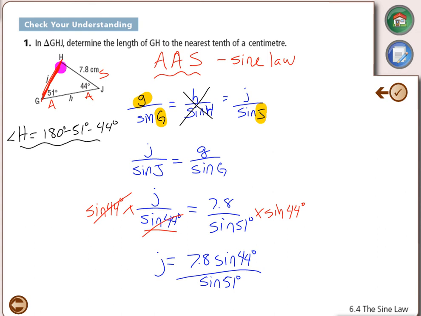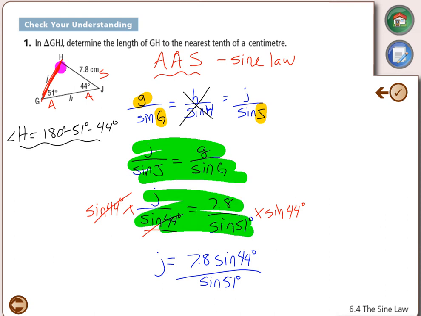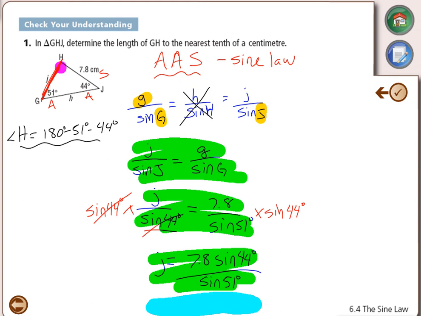Make sure that along your algebra, I am going to need to see your formula, your substitution in your formula, your rearranged formula, and finally, your answer. That's going to be j equals approximately 6.9720... So we'll say j equals, they said, to the nearest tenth, 7.0 centimeters.